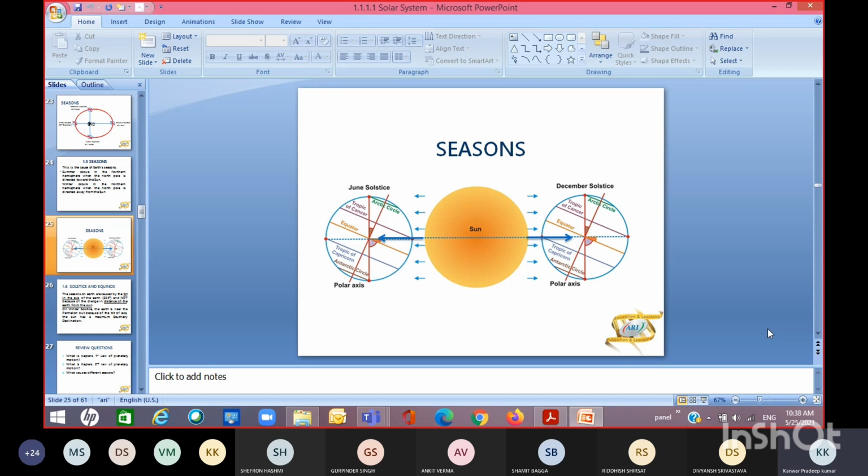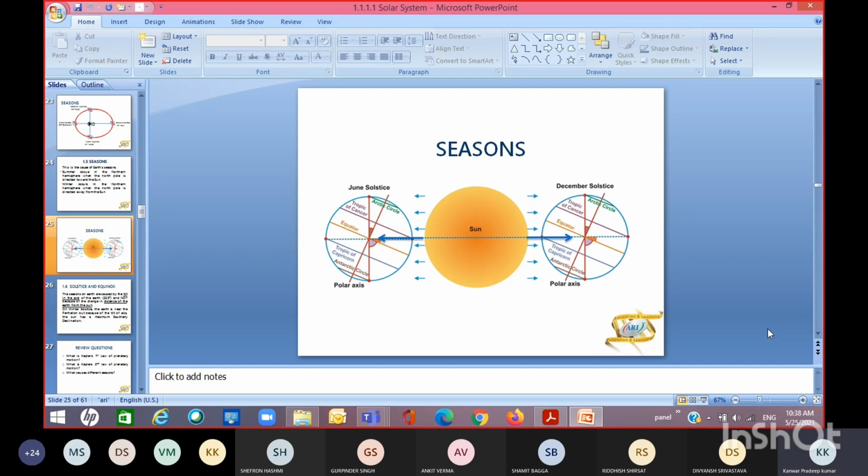And the right picture, you see the polar axis is the one which is inclined. Due to the gyroscopic inertia, it remains pointing to one fixed direction in space. And now in this case, you see that the Arctic Circle is bent away from the sun. That remains dark all the time during the December solstice.